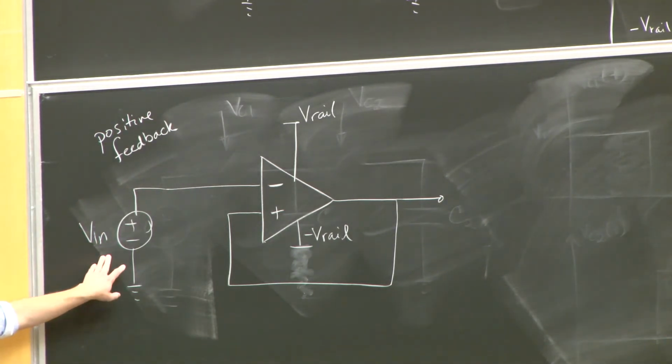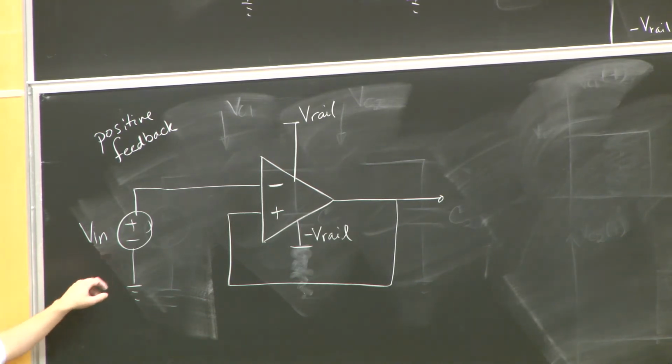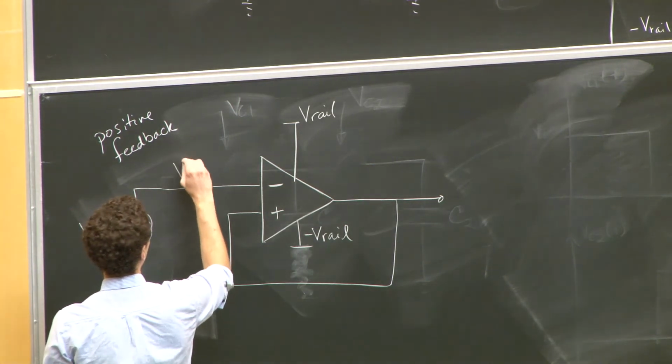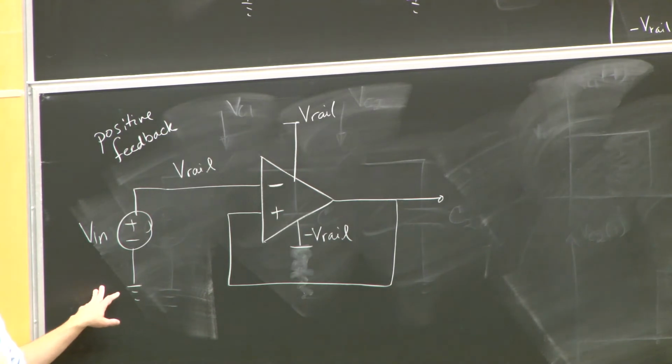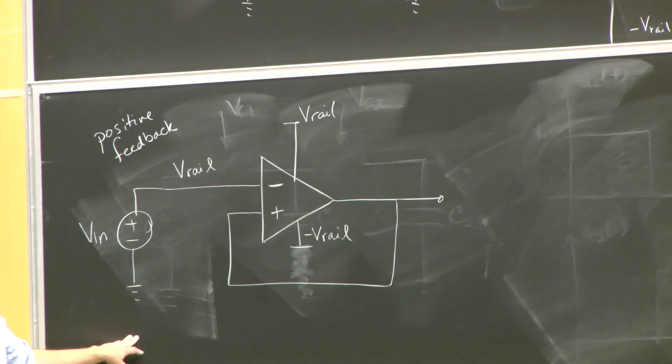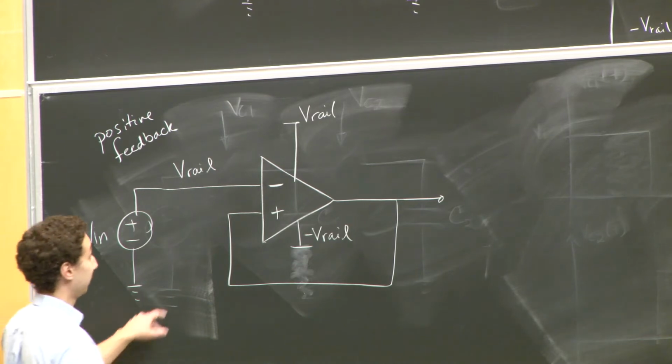Now, let's suppose that this V-in is switching somehow between plus and minus V-rail. What's going to happen when this voltage is high, when it's positive V-rail? What's the output going to do? It's going to go to minus V-rail, right?